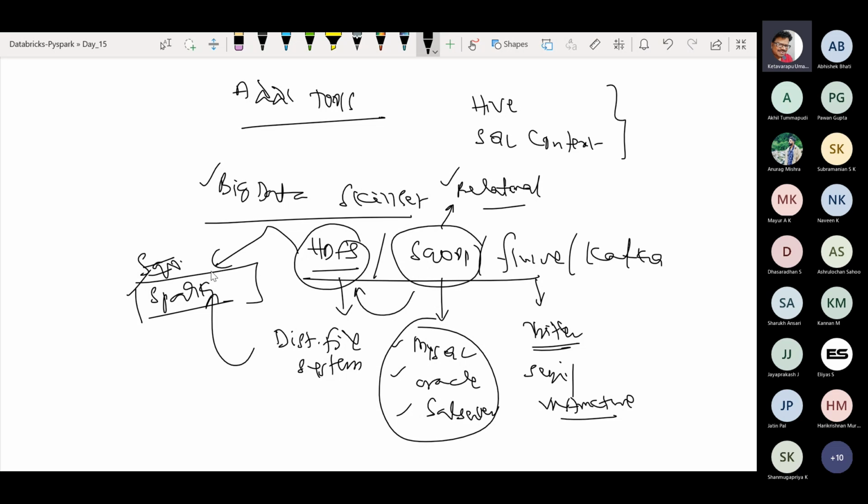Flume is for certain aspects like Twitter, maybe I want to access some tweets and all, which is semi or unstructured data. Whereas if you are making use of unstructured or semi-structured data, then obviously Scoop is unable to process it because it is completely dedicated to structured or relational data kind of things. So Flume generally gives these APIs.